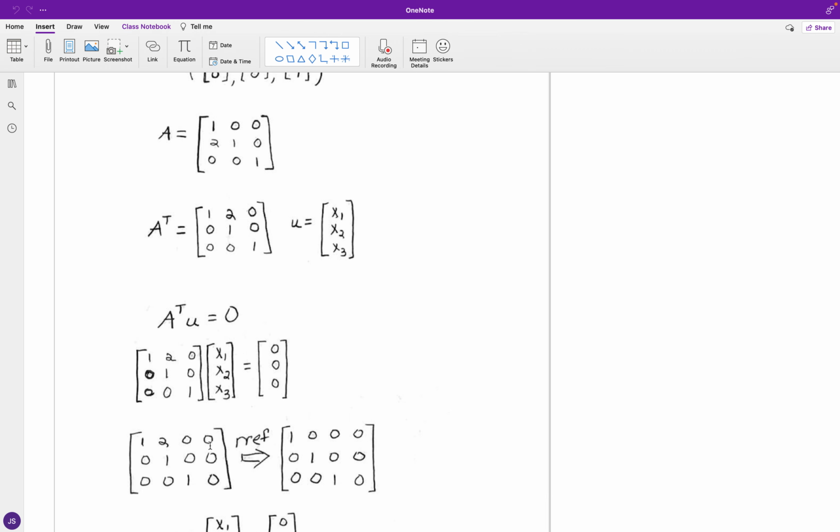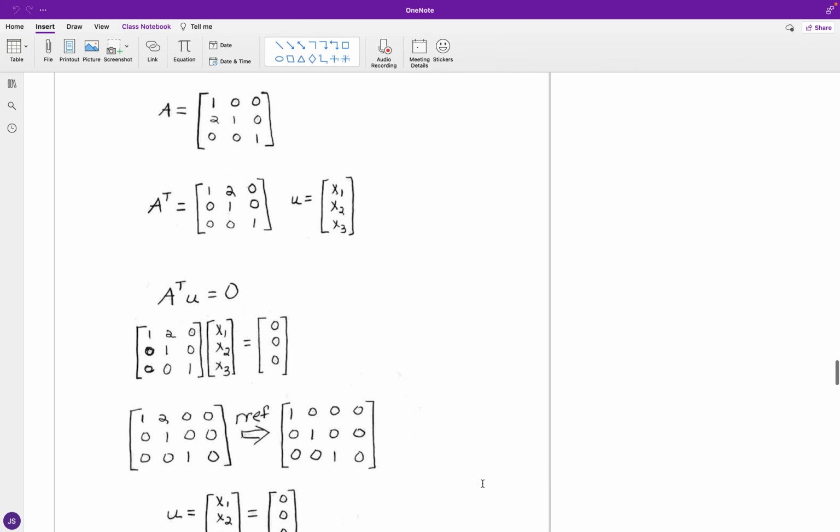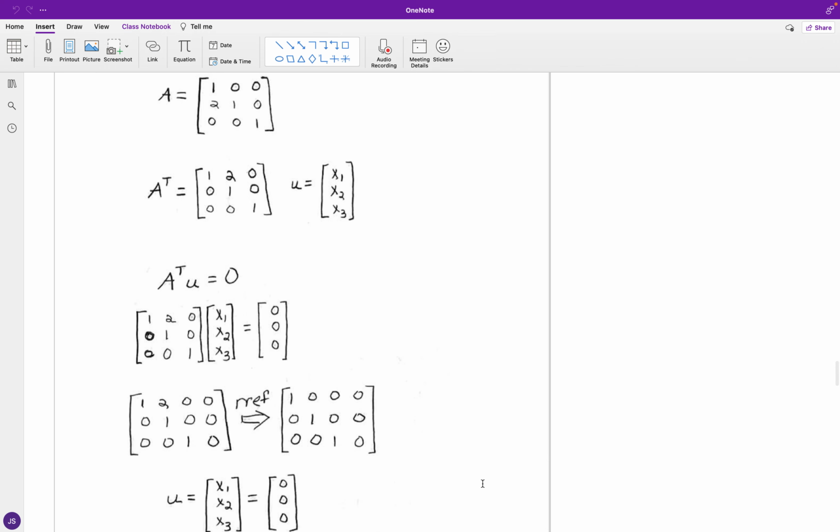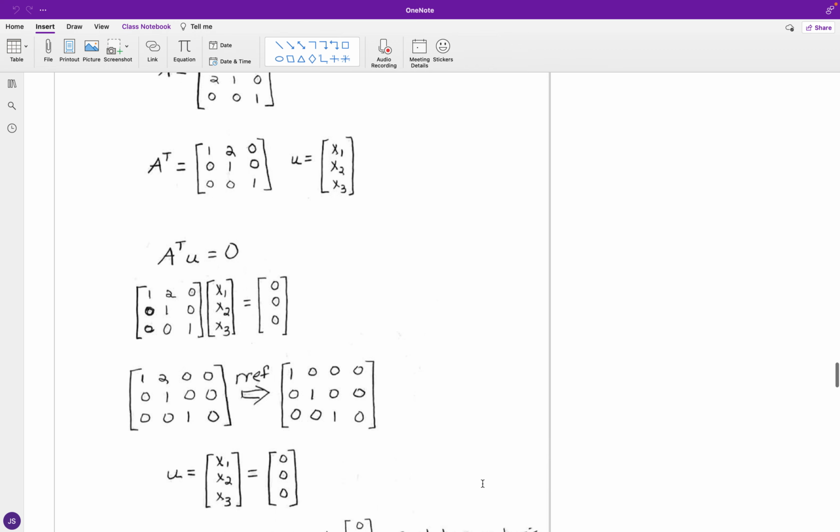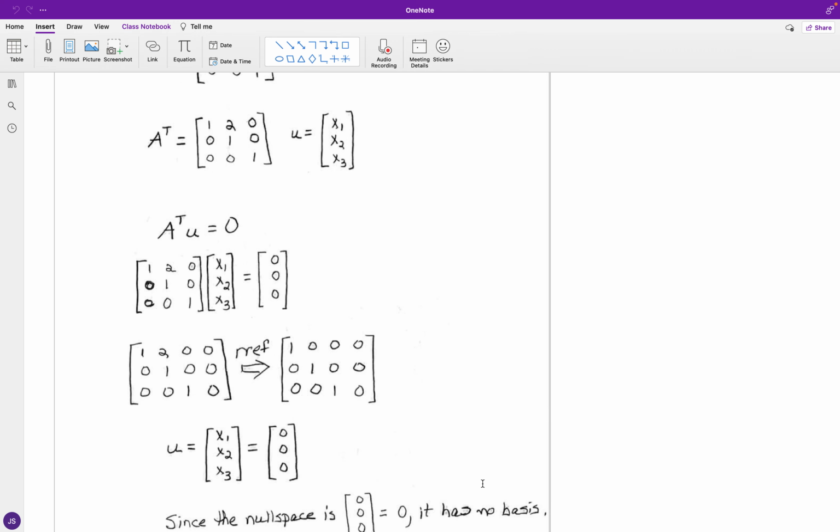So you have 1, 2, 0, 0, 0, 1, 0, 0, 0, 0, 1, 0, and putting it in reduced row echelon form, we have 1, 0, 0, 0, 0, 1, 0, 0, and 0, 0, 1, and 0. And so for U, it turns out that all of the elements x of 1, x of 2, and x of 3 will be equal to 0.